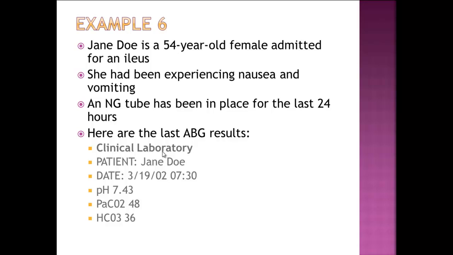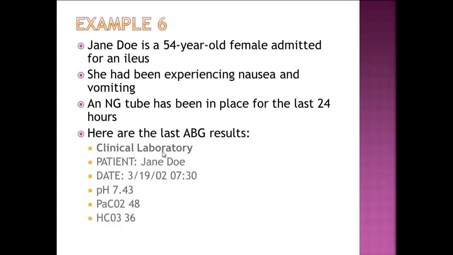Here's example 6. Jane Doe, a 54-year-old female with ileus, nausea, vomiting with an NG tube, pH 7.43, PaCO2 48, HCO3 36. So the pH is normal, but it seems to be a little higher than the 7.4 midline that we look at. So she obviously must have returned from a slightly alkalotic state.